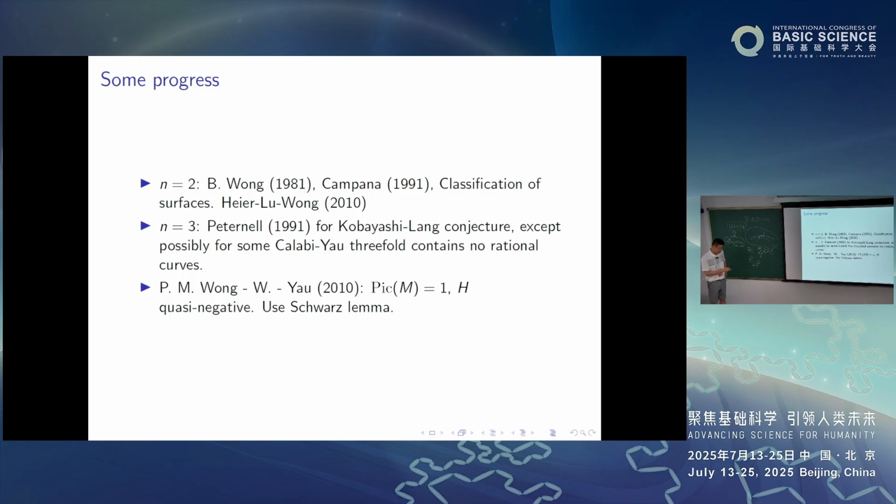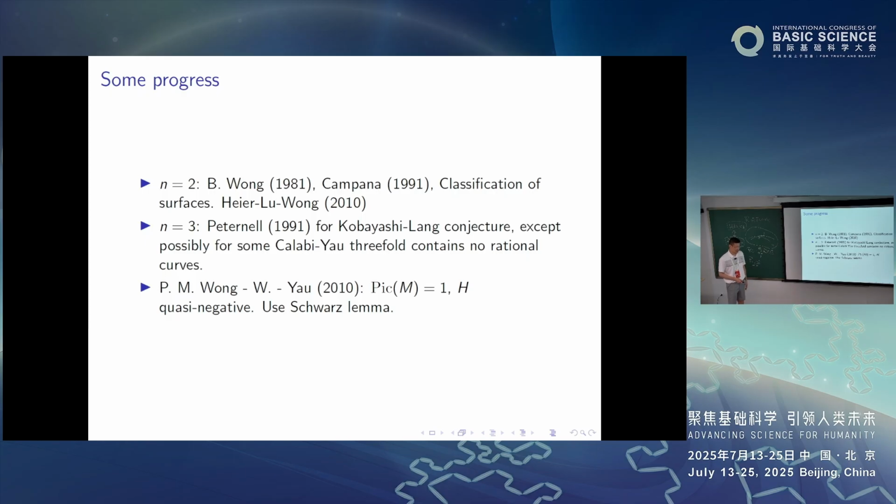When n equals 2, complex dimension equal to 2, you can use the classification of complex surfaces. It was already mentioned in Damin's talk, right? So in dimension 2, you can have, say, CP2, or a CP1 bundle over a curve, but these cannot be hyperbolic, because by the Schwarz lemma, there's no nonconstant map from C to M, so you cannot have a rational curve.